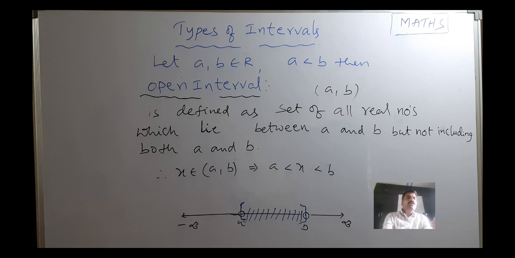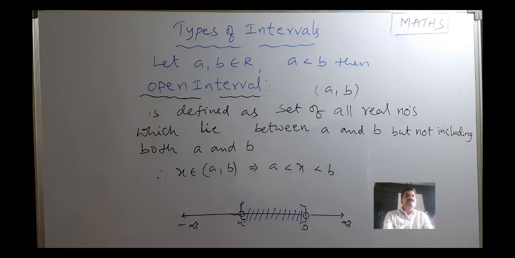So the meaning of open interval a comma b is the set of all real numbers which lie between a and b, but not including both a and b. See, earlier along with the numbers in between a comma b, we included even a and b also. Hence, that is considered as a closed interval a comma b.